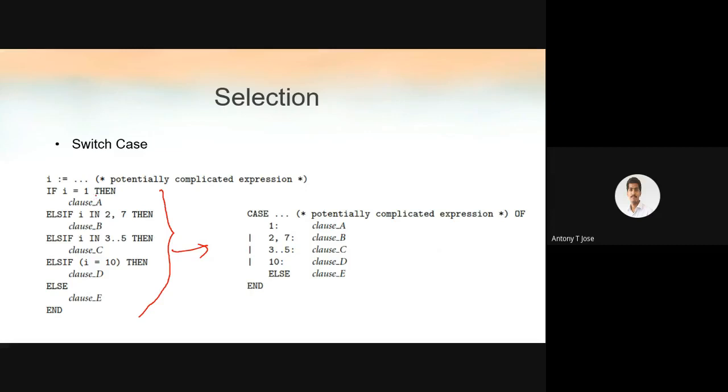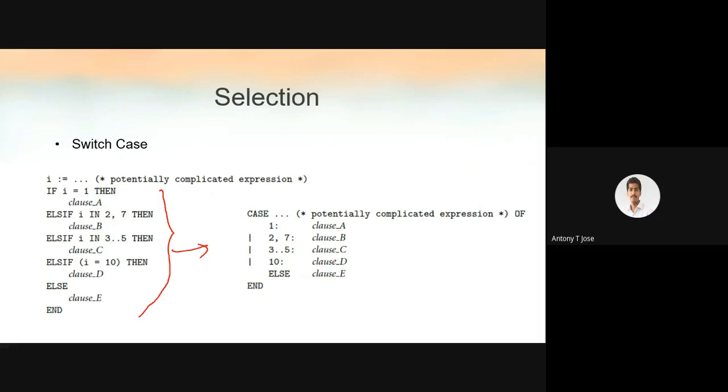If I equal to 1, then close A. So case 1, close A. If I in 2 comma 7, that is if I is 2 or if I is 7, then close B. If I in 3 to 5, that is I can be 3 or 4 or 5, the value of I is between 3 and 5, close C. Else if I equal to 10, the value of I is 10, then close D.